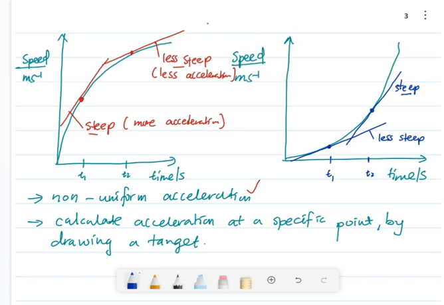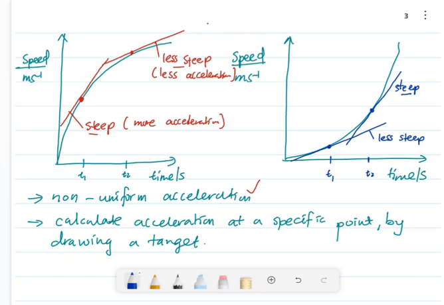The curve is the one that gives us a clue that we have non-uniform acceleration. From those previous graphs, we had a straight line. So a straight line is the one that tells us we have constant acceleration.